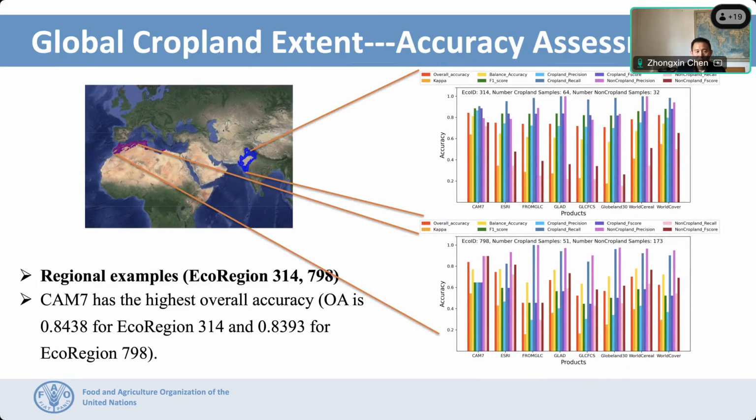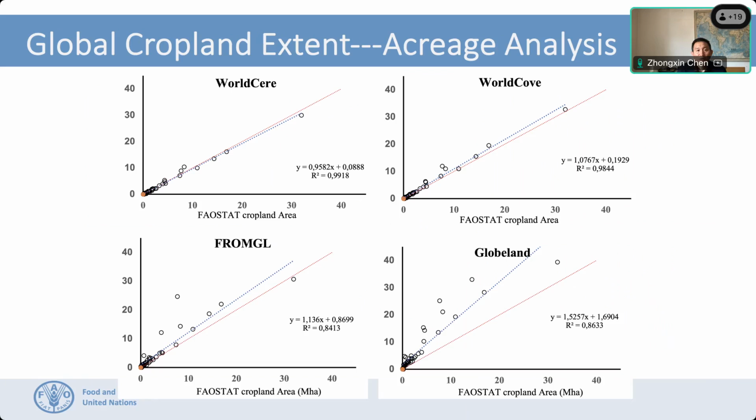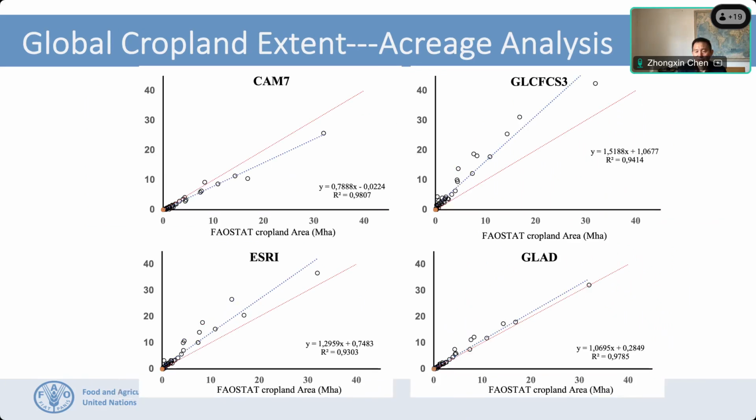So it tells the same story. CAM7 has the highest overall accuracy, and also we compared with FAOSTAT, and that's the result. So you can have details on the slide because Leo says the slides are already shared with you.